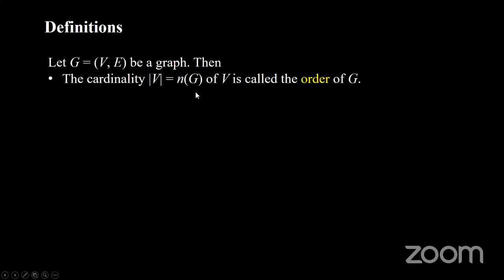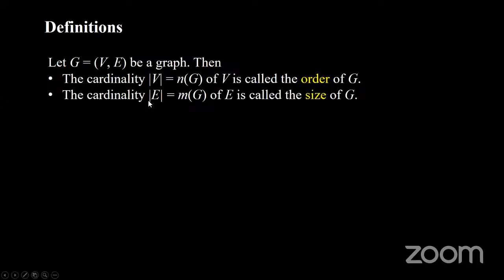It is quite a common notation, and we call it the order of G. Then the cardinality of E, that is the number of edges, we denote with m, and that is the size. So the number of vertices is called the order, and the number of edges is called the size.